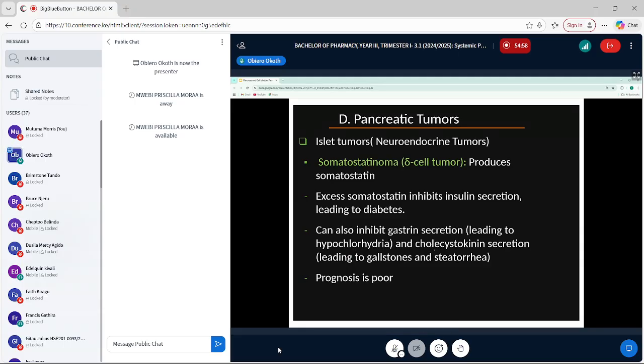It can also lead to gallstones. Decreased cholecystokinin secretion basically means that bile secretion is reduced. When bile secretion is reduced, you end up with gallstones, you end up with steatorrhea because you need bile acid to absorb lipids. This one normally has a poor prognosis.